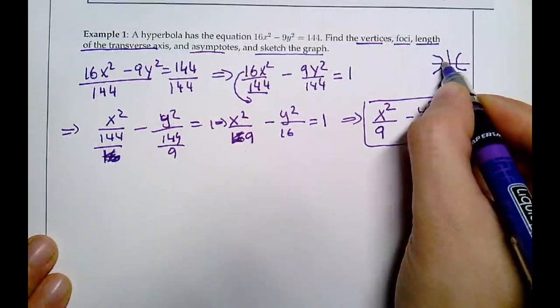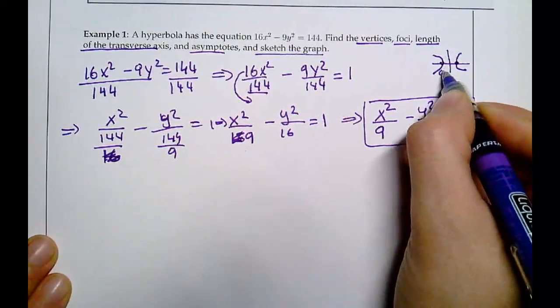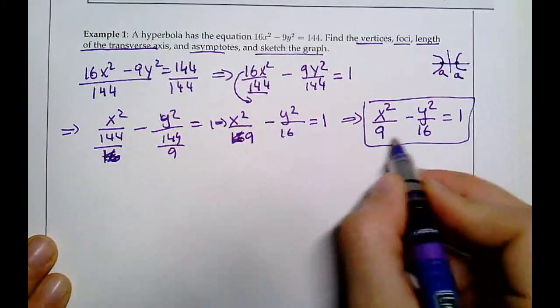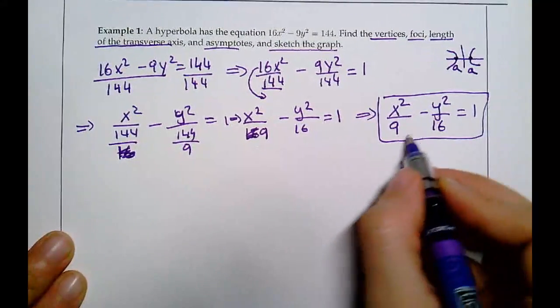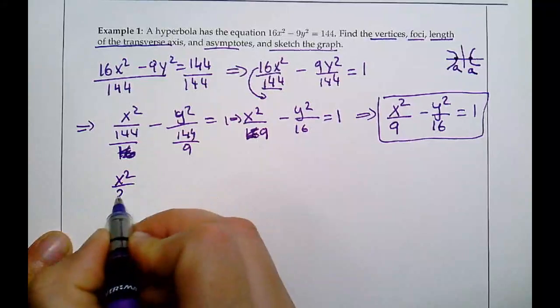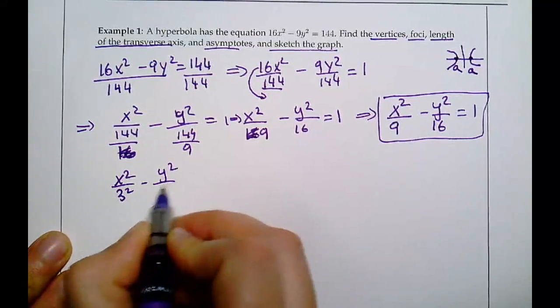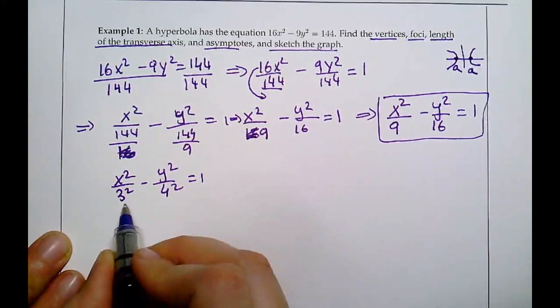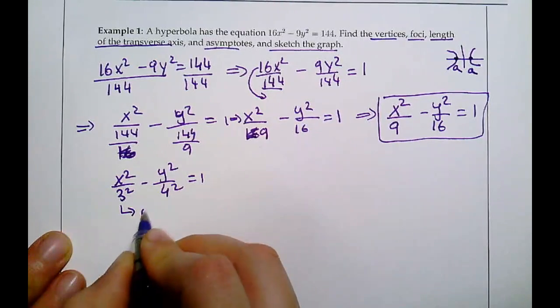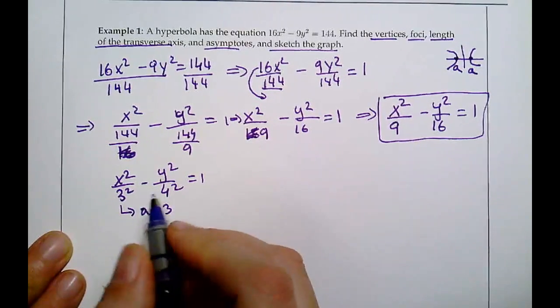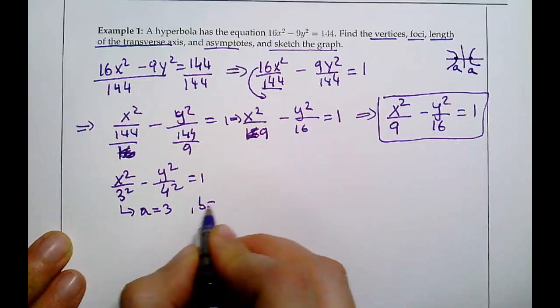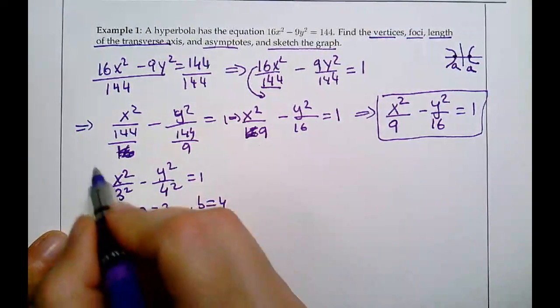Well, the vertices are going to be on the x-axis, right? So it's the a value. So I can actually even furthermore write this as x squared over 3 squared minus y squared over 4 squared equals 1. So this is going to give me that a is 3 and b is 4, right? Because that's the equation.